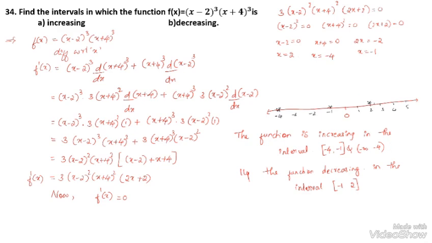Again, it is increasing in the open interval 2 to infinity. Here this is the open interval. The given function is increasing in the intervals minus 4 comma minus 1, minus infinity to minus 4, and 2 to infinity. The function is decreasing in the interval minus 1 comma 2.